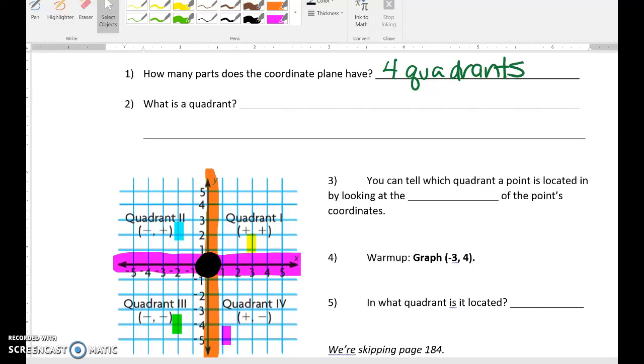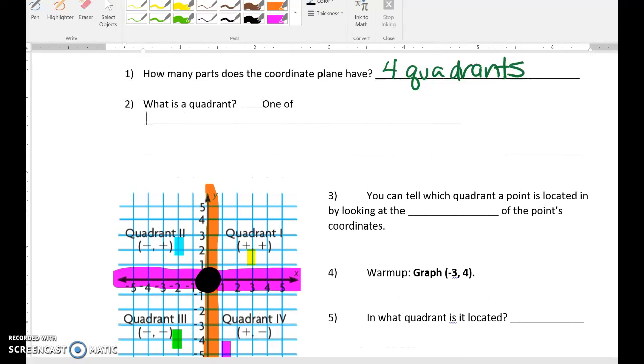Okay, so a quadrant is one of the 4 sections of the coordinate plane. And these sections are formed by the crossing of the x-axis and the y-axis.